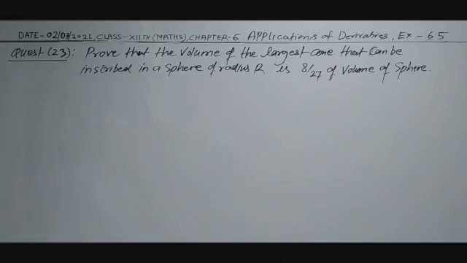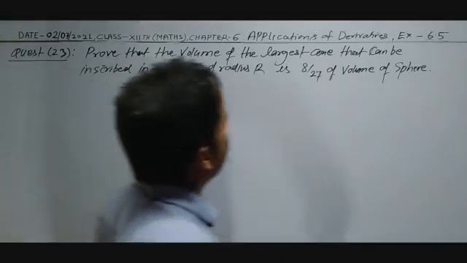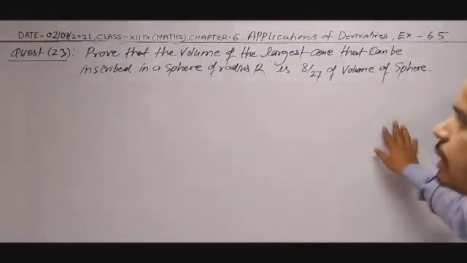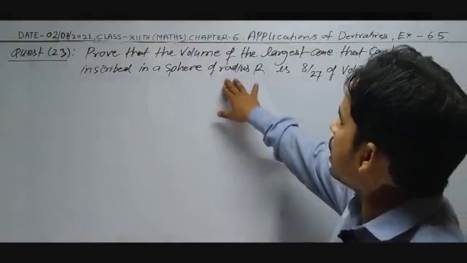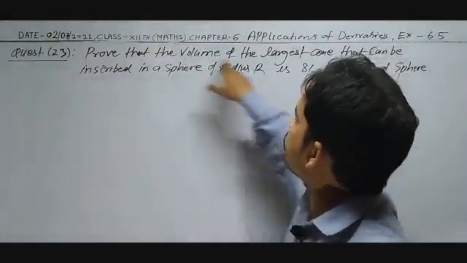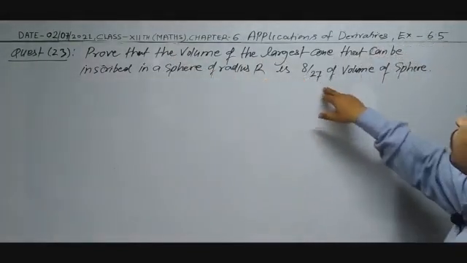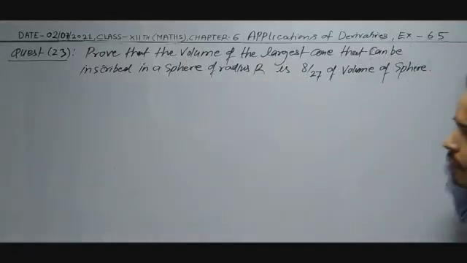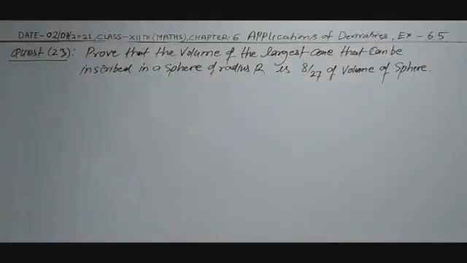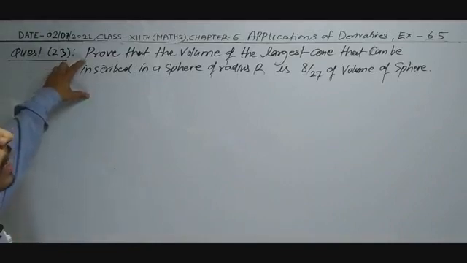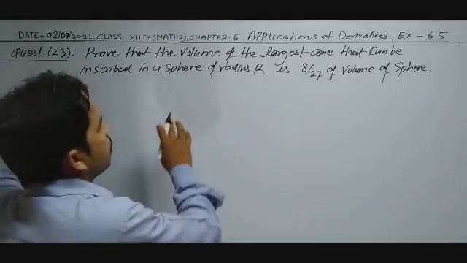Prove that the volume of the largest cone that can be inscribed in a sphere of radius R is 8/27th of the volume of the sphere.